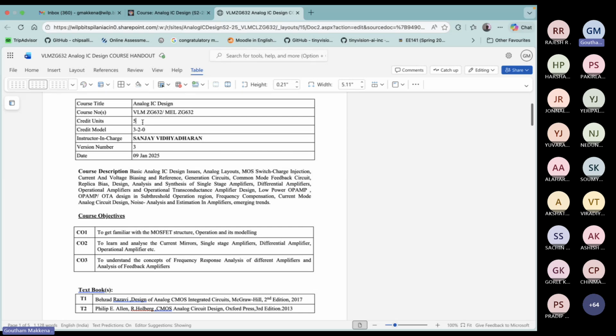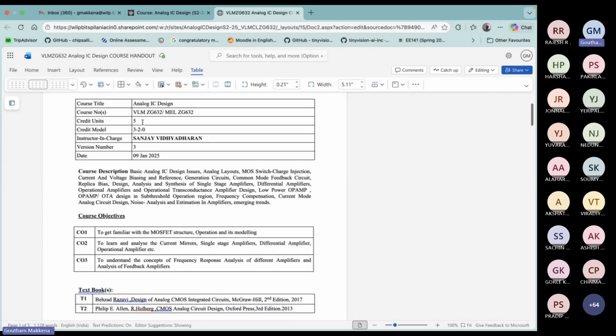Okay, so typically labs start after 3 weeks of the start of the theory classes, so that at least some portion of theory is covered, so that the lab can start. So the lab, as I told you, is based on Cadence and LTspice also. Okay, Cadence, we have around 40 to 50 licenses.